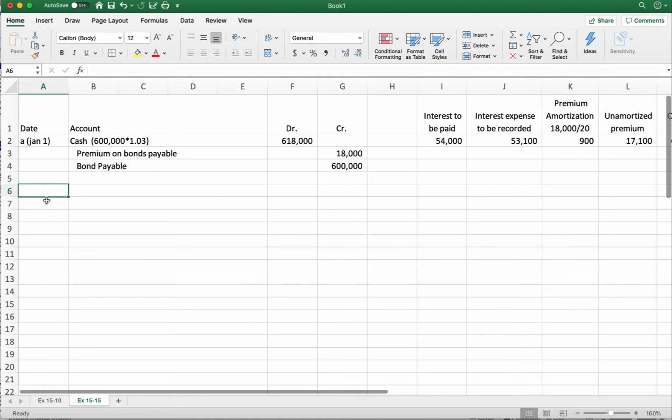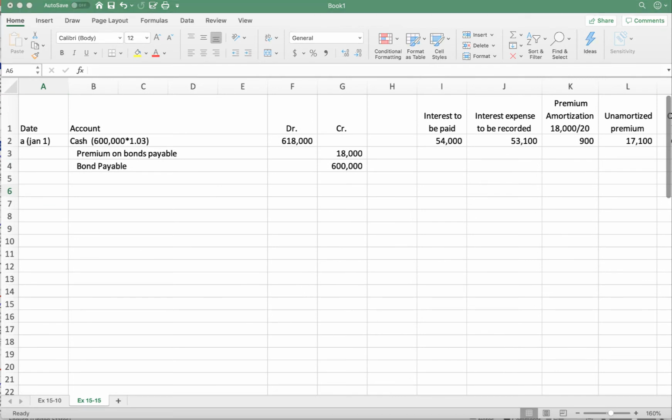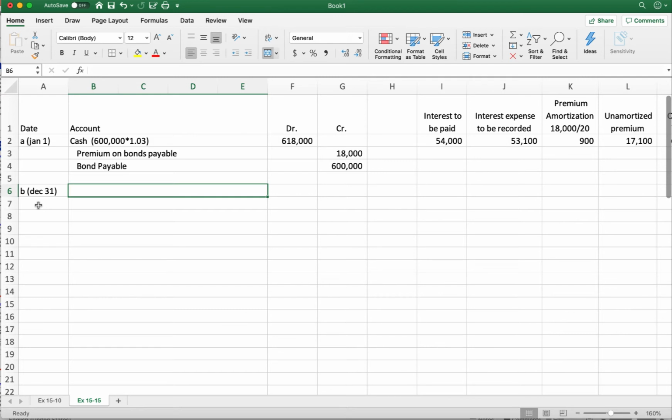So the book says that Part B, we need to journal the accrual of interest and the premium amortization for December 31st, 2017. That's easy. So I'm going to say B, and this is going to be on December 31. I need to record my interest expense.